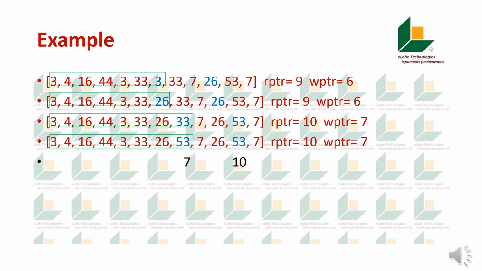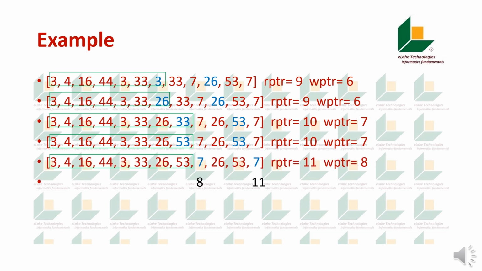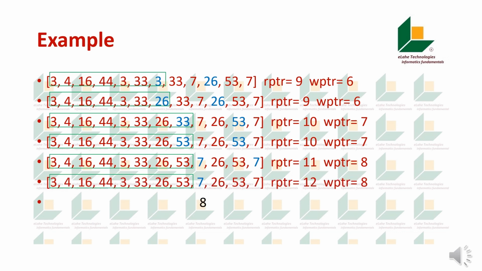Now, A10 is written into A7. Both are incremented. Since the 7 in position 11 has to be deleted, rptr must be incremented but not wptr. But there are no more integers to read. We are done. The relevant elements remain in the first 8 locations of the array.